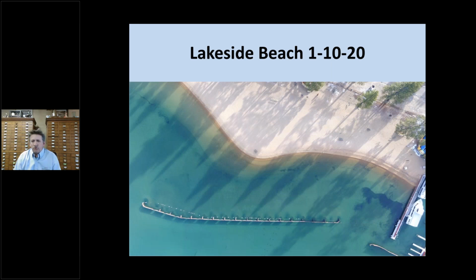This picture is from January. Pretty much the beach looks pretty clean. You can still see in this bottom corner here, you can still see our project site from 2017. It's still visible where we treated the first time, but for the most part, beach is very, very clear.